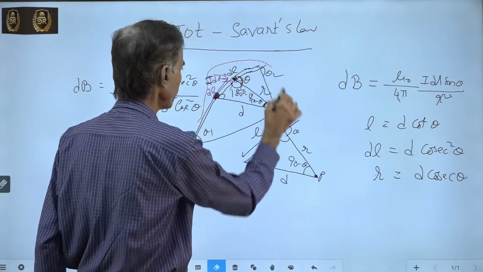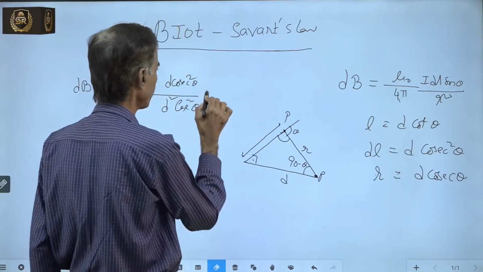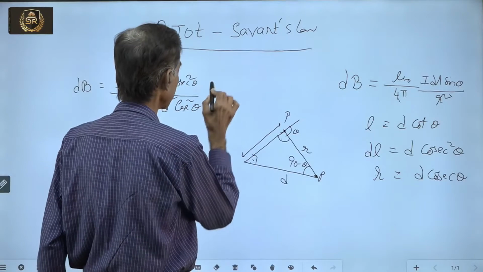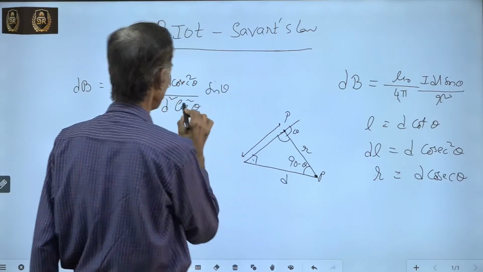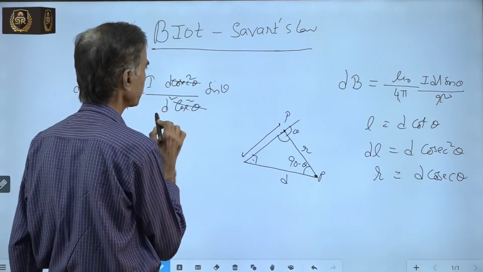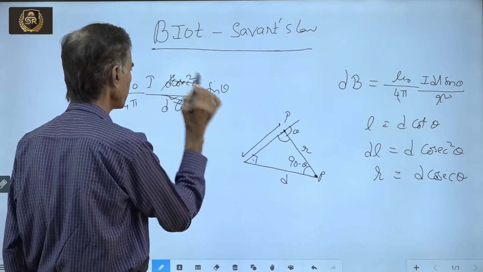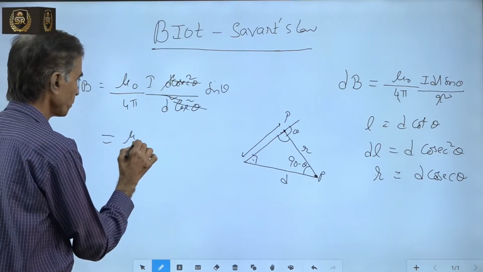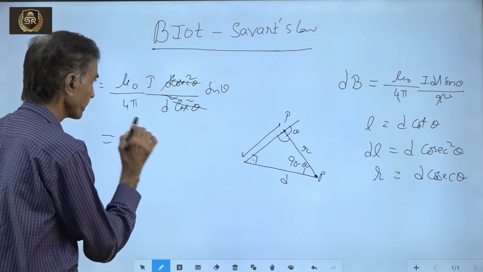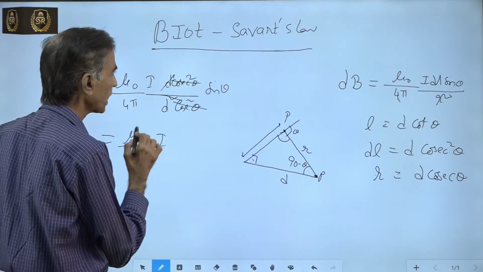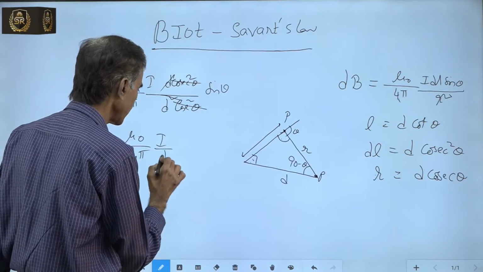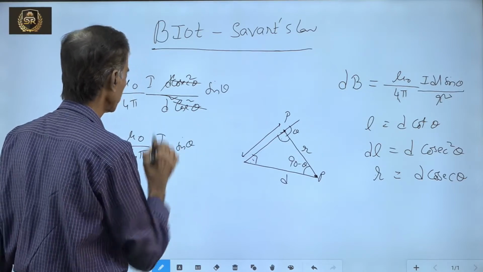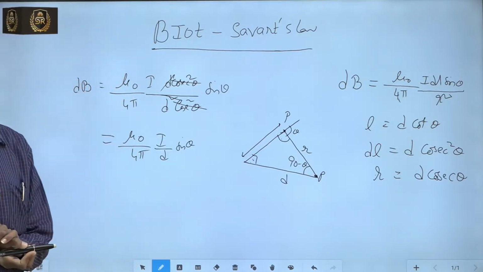So into sin theta. Therefore, cosecant square theta cancels, d square gets cancelled. Then we are able to get mu naught by 4 pi into I by d sin theta. That is dB, isn't it?